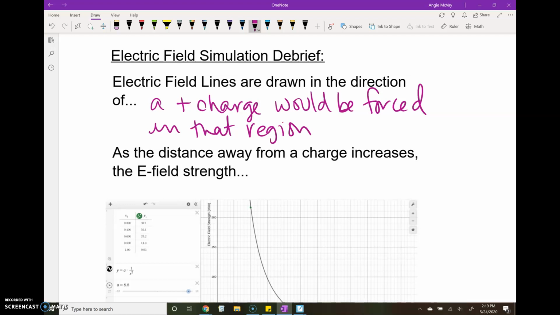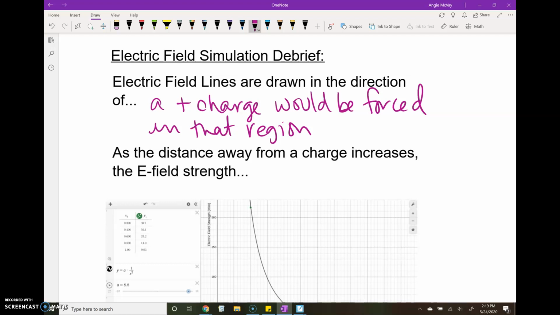So the electric field lines are always pointed by convention in the direction that a positive charge would be forced. If we put a negative charge in a region, it would be forced in a direction opposite to the direction the electric field is pointing.